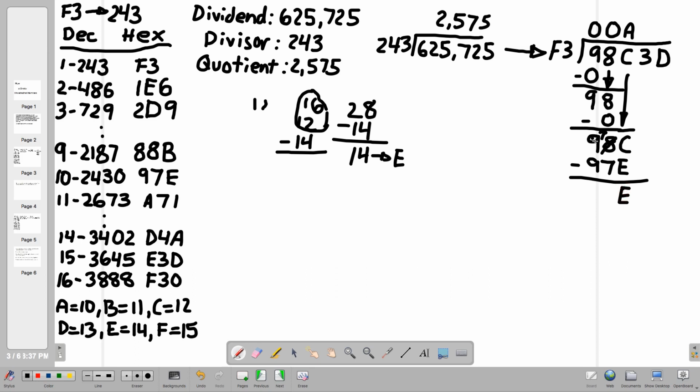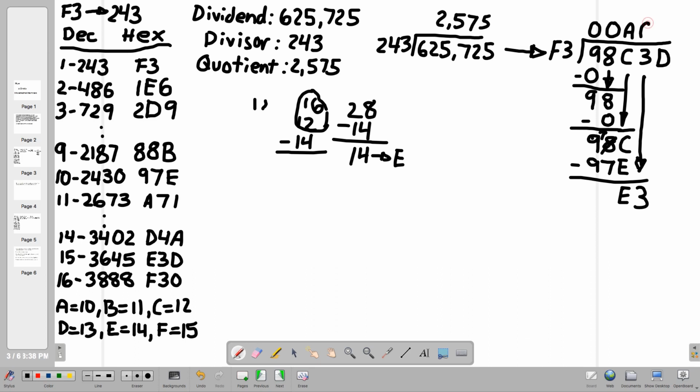And so really we have 97 minus 97 is really 0, but we don't need to put that there. So we'll bring down the 3. And then 3 goes here. Does F3 go into E3? It's not on our chart over to the left, so it's a value of 0.